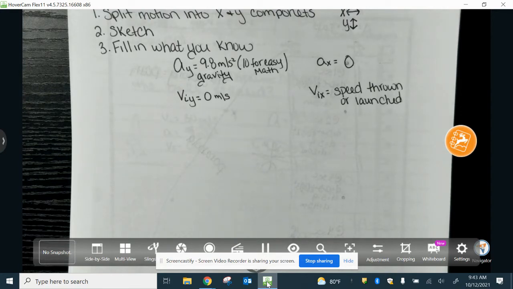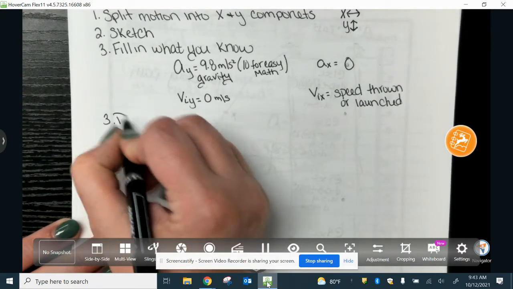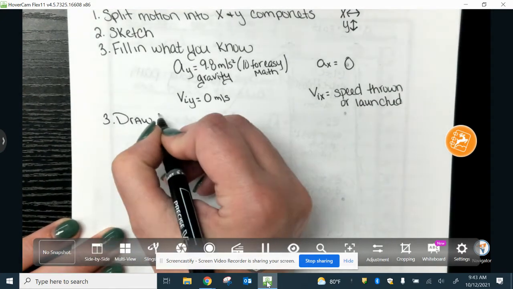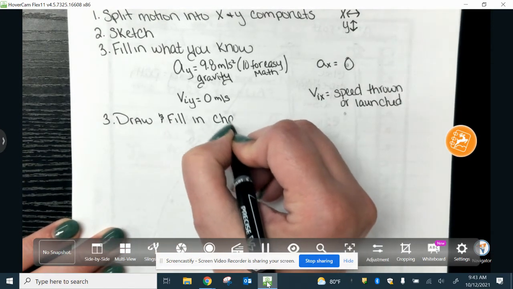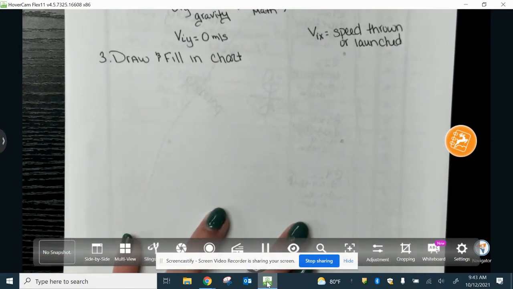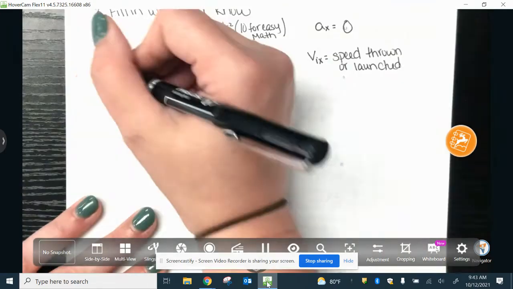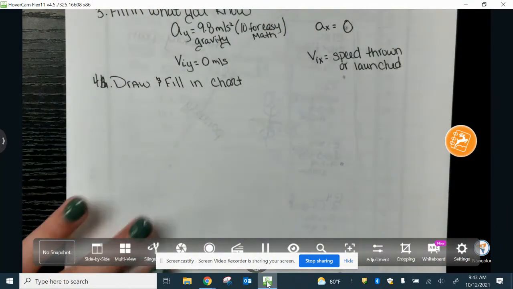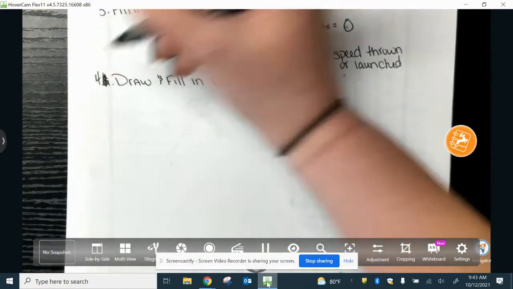Now we're going to draw and fill in a chart. Sorry. Simple math skills, man. They get me every time. 4. Draw and fill in a chart.